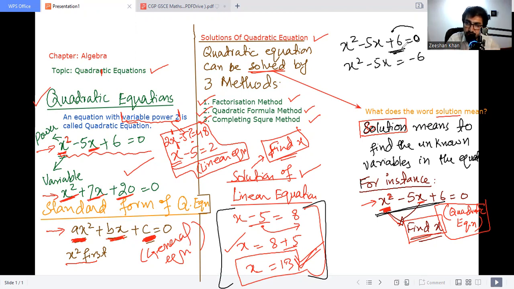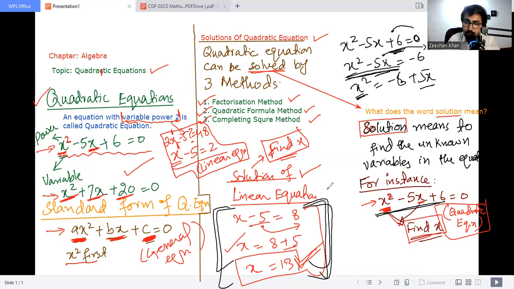It was positive 6 here, and when we shift it to the other side, it becomes negative 6. Now we have x squared, and we have x. Now there is an issue. If I shift this 5x to the other side, x squared would become negative 6 plus 5x. Now how will I find x? Because one x is here, the other one is there, and we cannot add them, subtract them, multiply them, or simplify it further. Therefore, the linear equation method, which we applied here, cannot be applied on quadratic equations.